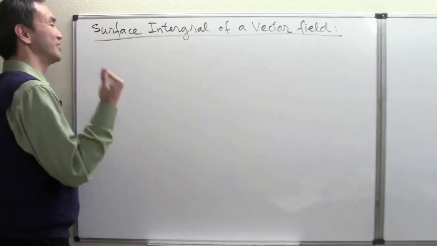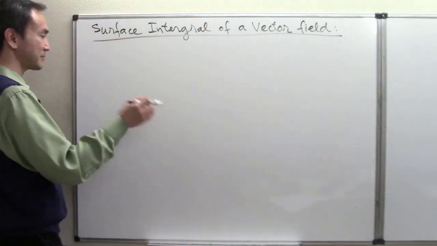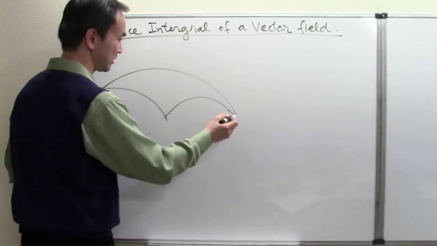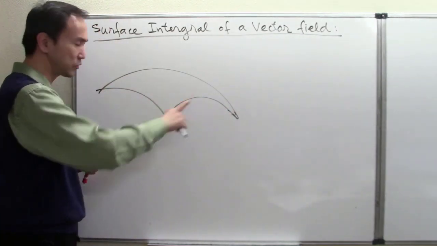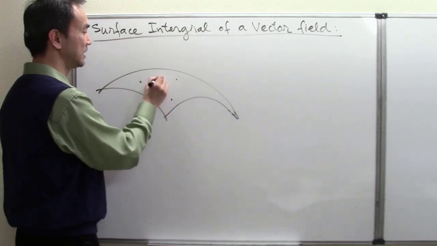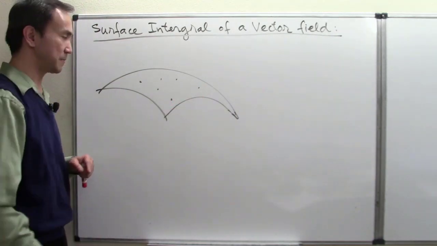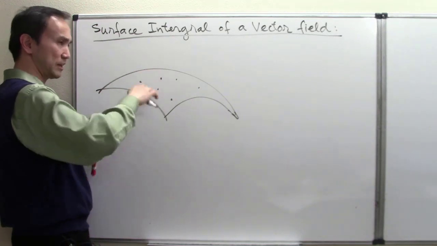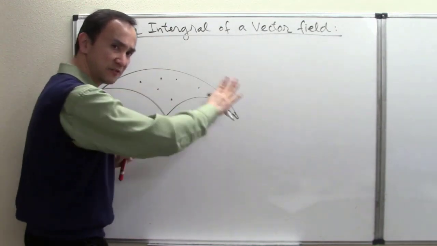Now let me begin with the idea right here. You've got a surface, and anyone can agree that it goes through space, with so many points contained on it. Now the idea is to think about putting this surface in a vector field.